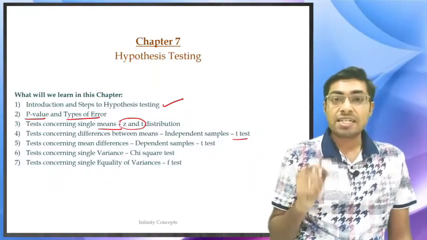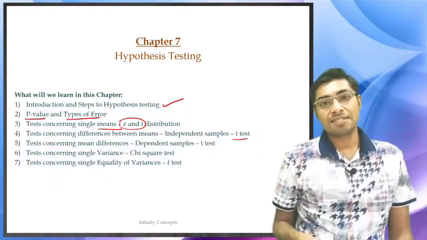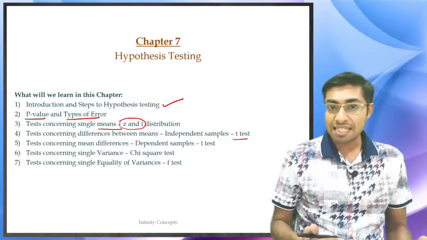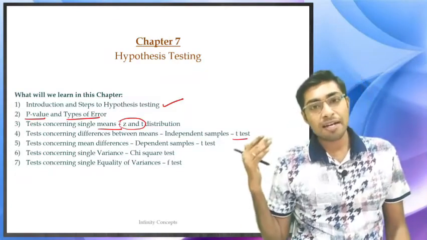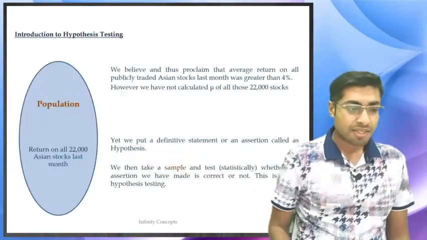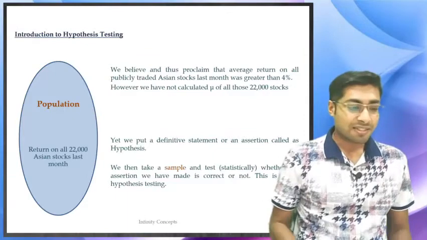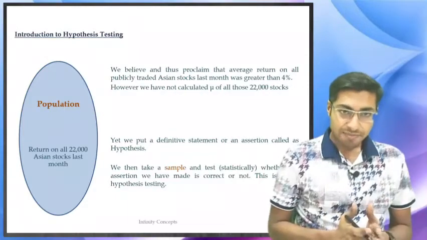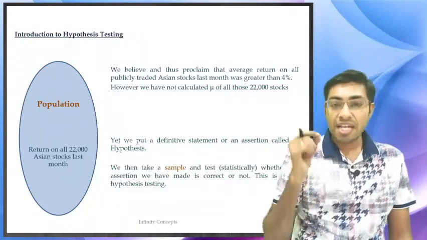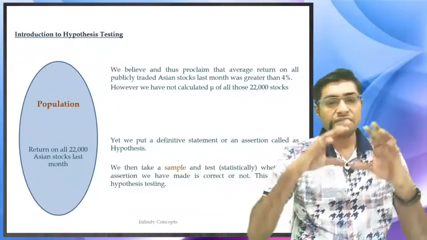So first let us understand what hypothesis testing is. Right now whatever I am speaking about hypothesis testing, it is going above your head. So let us see what it is. Introduction: there's a population. The population is 22,000 stocks on Asian stock markets, different stock markets.